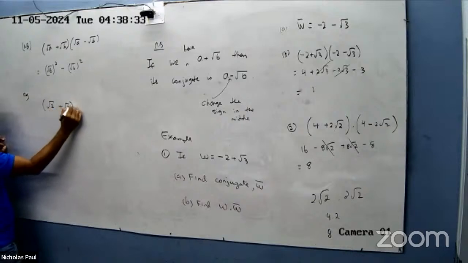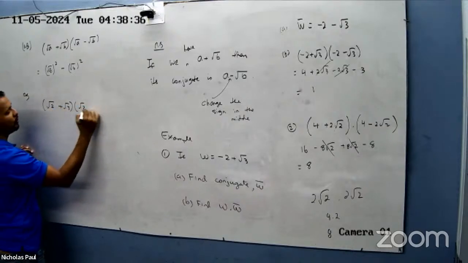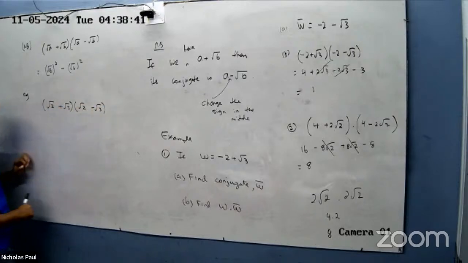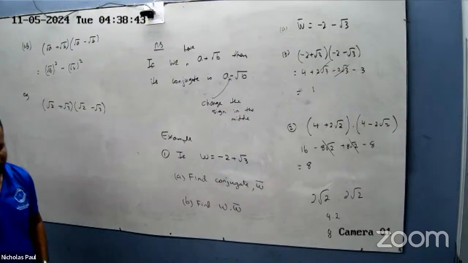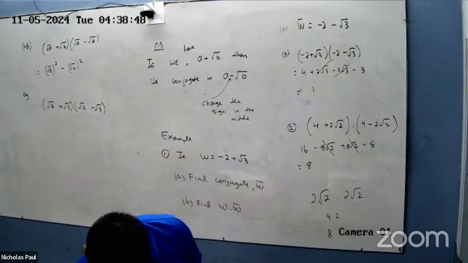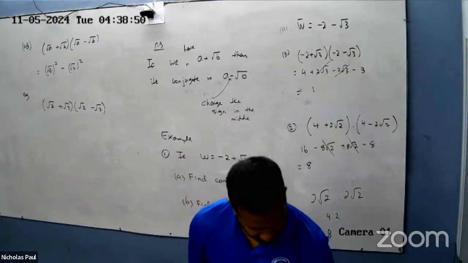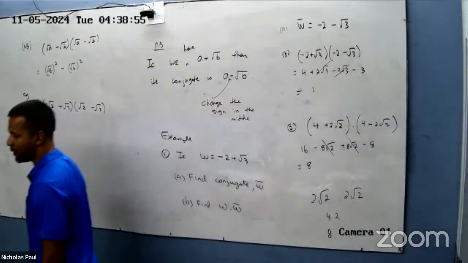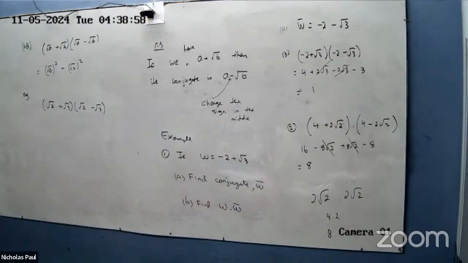Root 2 plus root 3 by root 2 minus root 3. Try that.